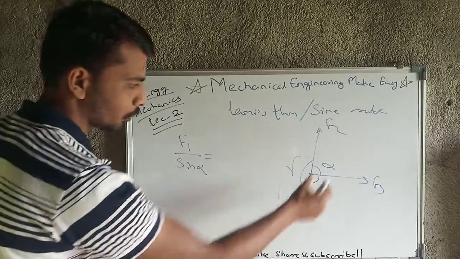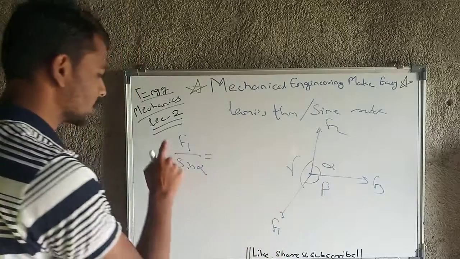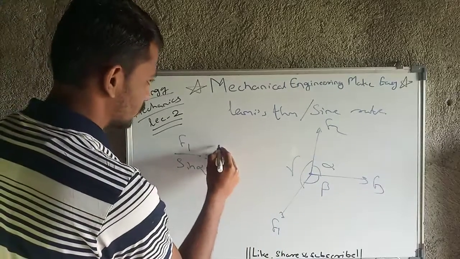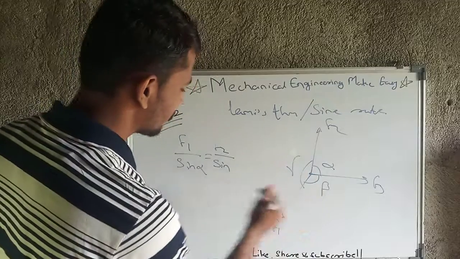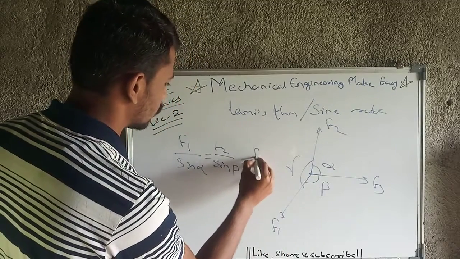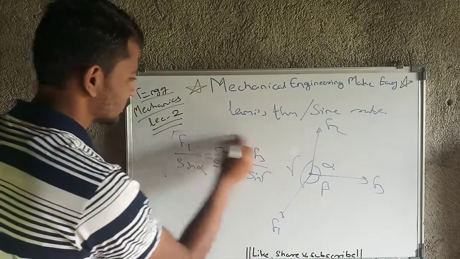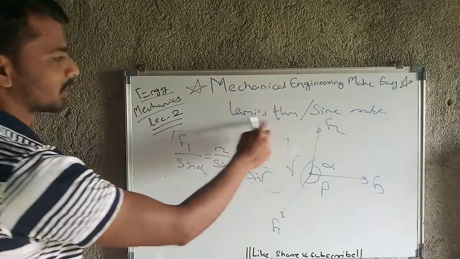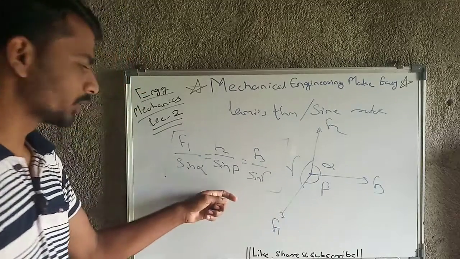So f1 upon sine alpha is equal to f2 upon sine beta, which is equal to f3 upon sine gamma. This is the theorem, Lami's theorem or sine rule. So draw this figure and note down this formula also.